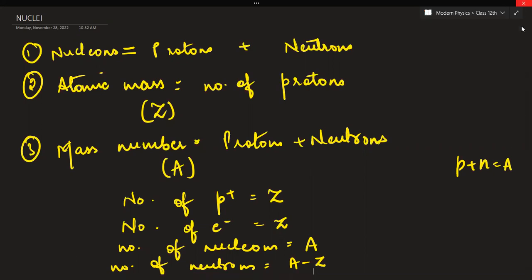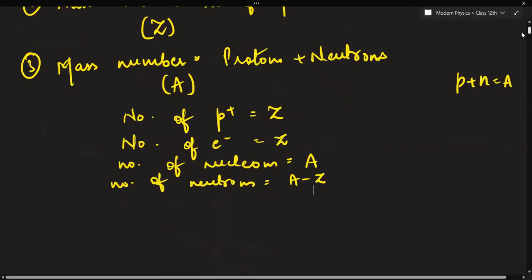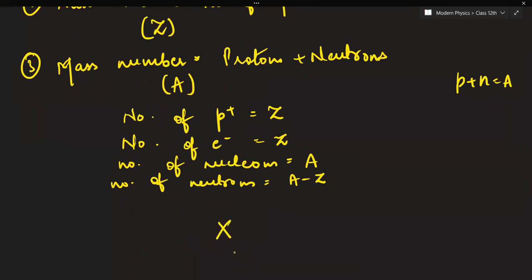And how is an atom represented? The usual representation is with A, where A is the atomic mass number, Z is the atomic number, and X is the chemical symbol. Like we write, let's say, chlorine 35 and 17, we write 37 and 17 also, because it is one of the isotopes.